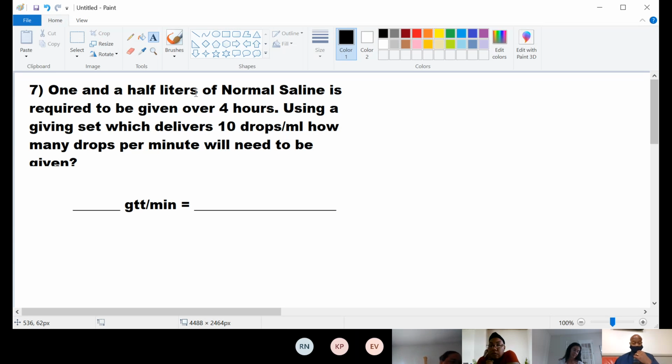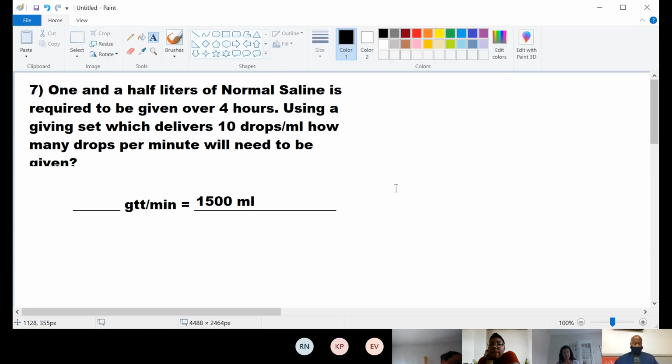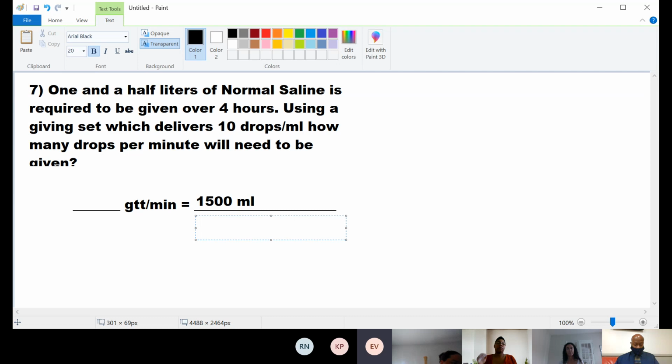It's up to us, but we really could jump ahead and do, instead of 1.5 liters, 1,500 milliliters. Okay, so 1,500 milliliters, and that's to be given over 4 hours. So we could do our 4 hours.